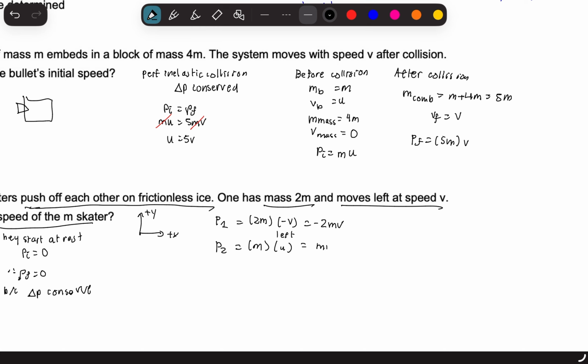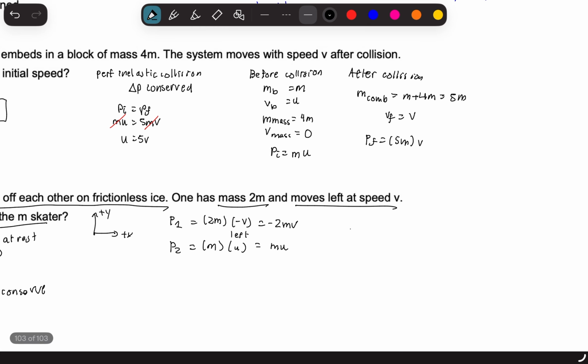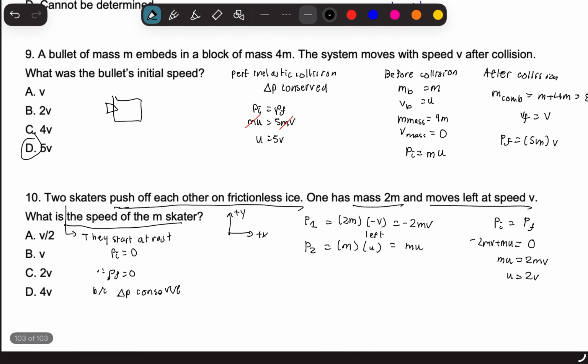This is going to be mu. Now we can set our total momentum equal to 0. So our initial is equal to our final. We can set this equal to 0, negative 2mv plus mu. This is equal to mu is equal to 2mv. u is equal to 2v. So our answer is 2v.